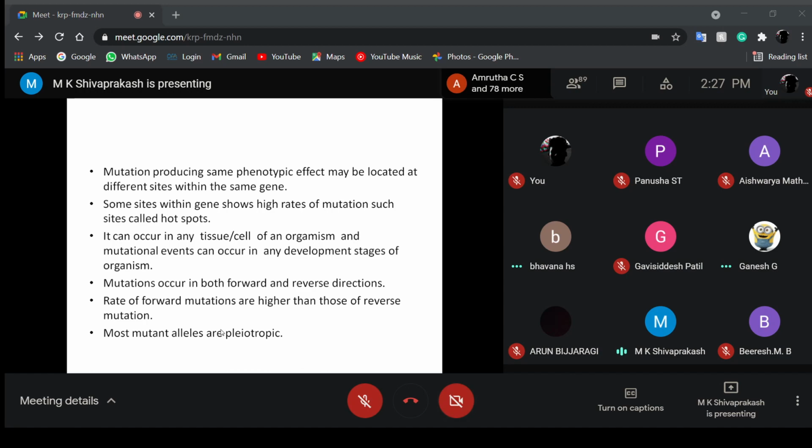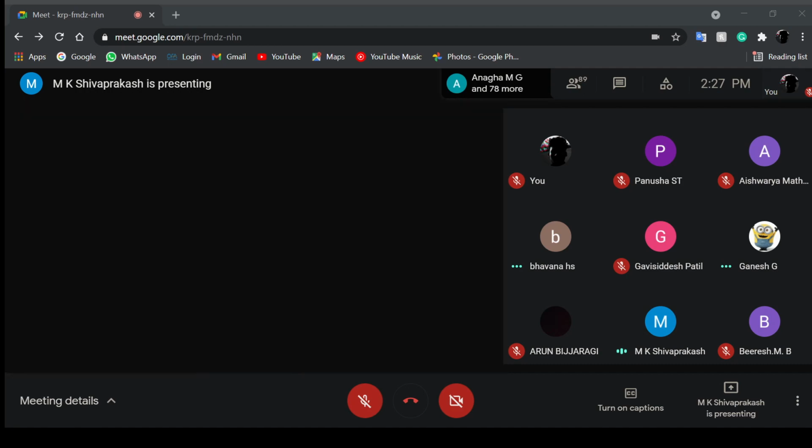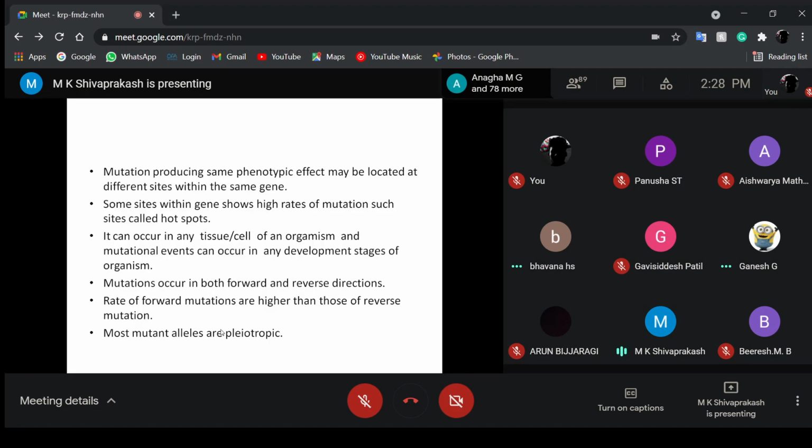Mutation can occur in any tissue or cell of an organism, and mutational events can occur at any developmental stage of the organism. Of course, it need not be confined to particular stages; at any stage of an organism it may occur. Mutation occurs in both forward and reverse directions.